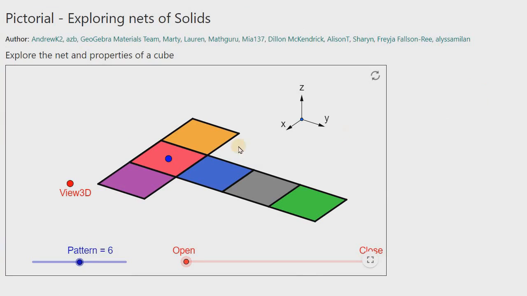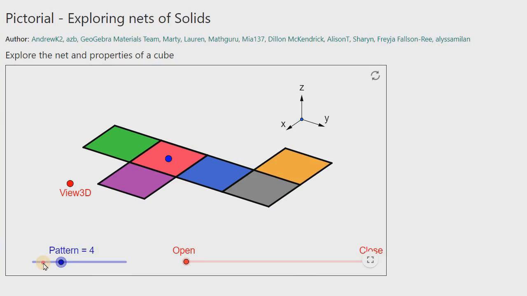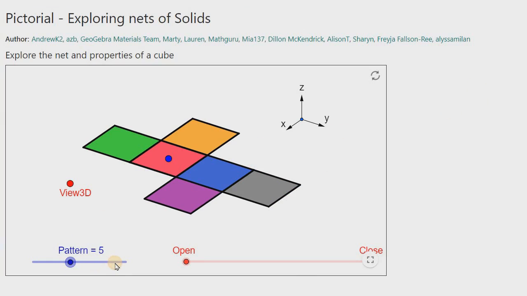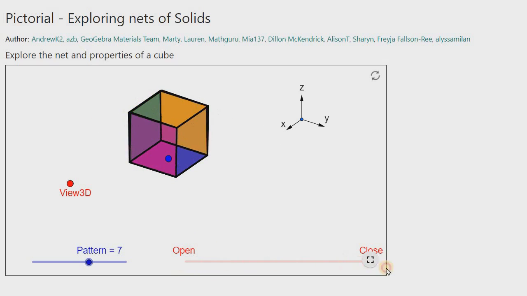Okay, the net of cube, in here we will have different nets, but although the arrangement of the net is different, we will still get the cube when we fold up the net. This is what I mean.